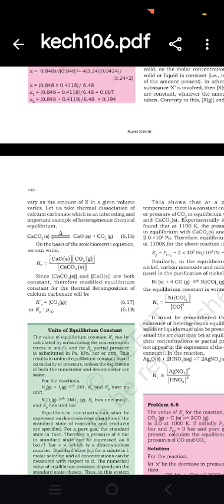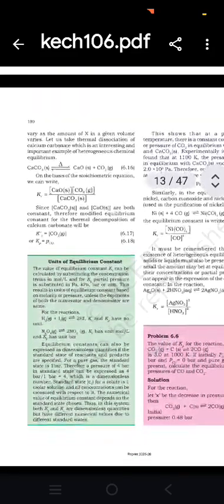Let us take the thermal dissociation of calcium carbonate, which is an interesting and important example of heterogeneous chemical equilibrium. CaCO3(s) gives CaO(s) + CO2(g).